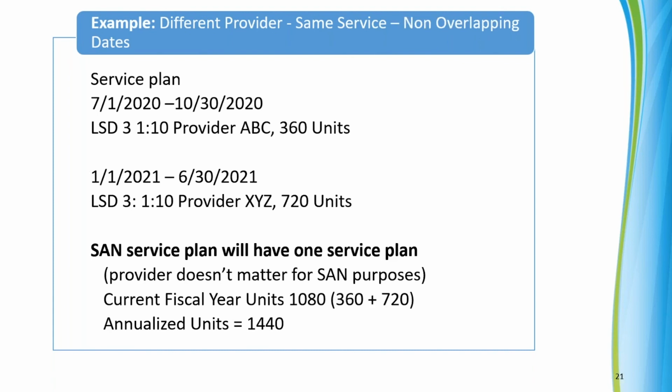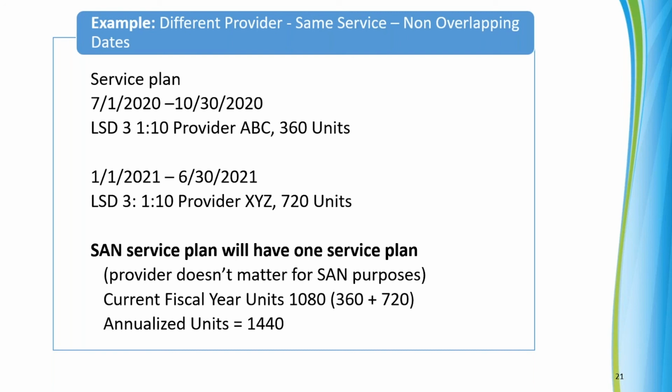And then if it's different providers with non-overlapping dates, and so the other one had some overlapping dates, this one has non-overlapping dates. The ADT service for the first provider ended in October, and then a different provider started in January to the end of the fiscal year.